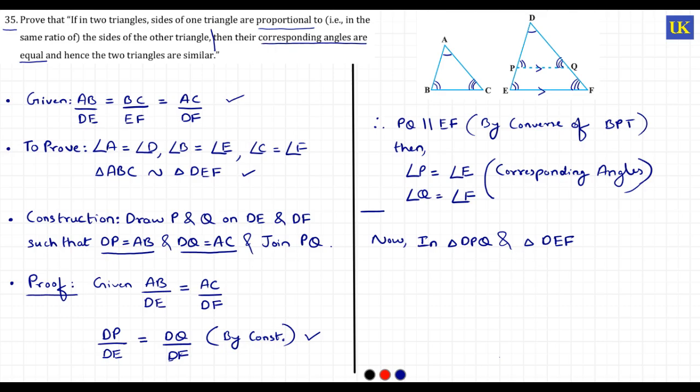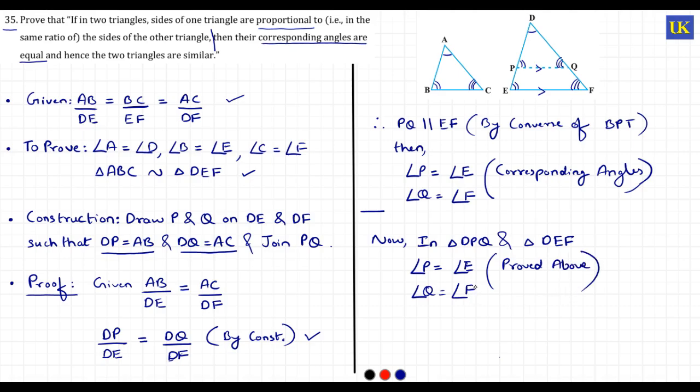I am taking these two triangles and I'm going to prove that they are similar. How can I do that? I can say that angle P is equal to angle E, and angle Q is equal to angle F. I am saying this because I have proved it above.